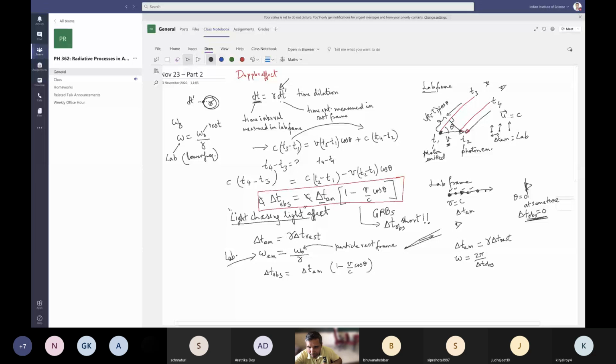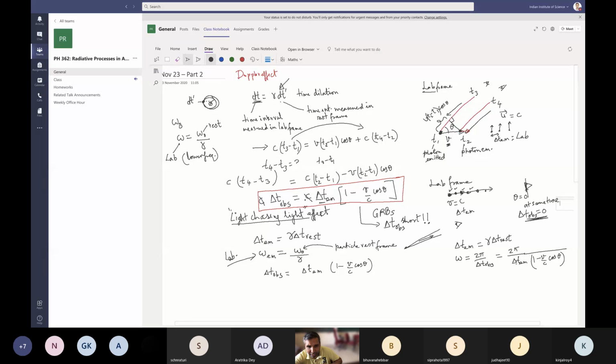So if I substitute for this from here, this is equal to 2 pi by delta Tm times 1 minus v by c cos theta.